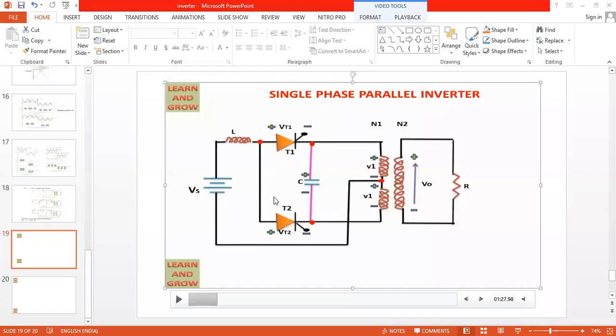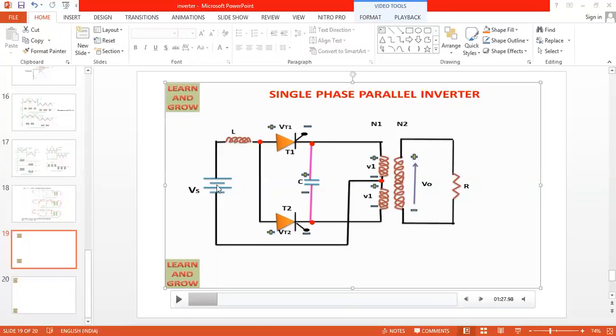But with the help of switches, remember this is the most important question, with the help of electronic or power electronic switches, by turning the switches on and off, a DC supply can be converted into pulsated DC, and pulsated DC can be applied to the transformer. So switchable DC or pulse signal. I repeat once again, a direct DC supply cannot be applied to the transformer or center tapped transformer.